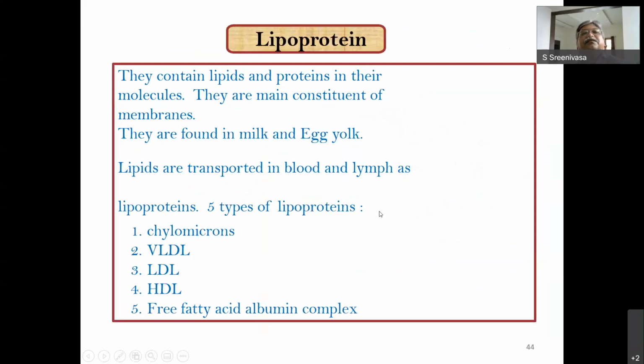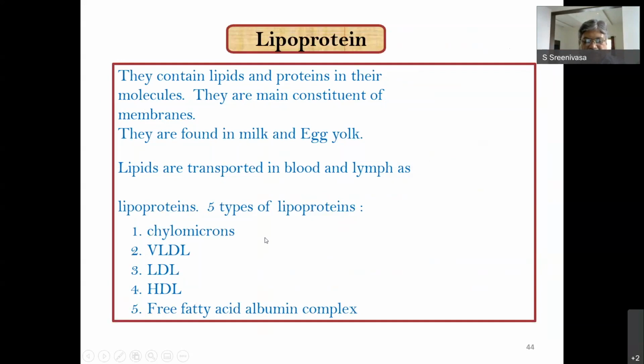Okay, liposomes. These are triglycerols, phospholipids, cholesterol, and they contain some protein also. Egg and milk contain phospholipids. We have 5 different types of lipoproteins: chylomicron, very low density lipoprotein, low density lipoprotein, all those things.